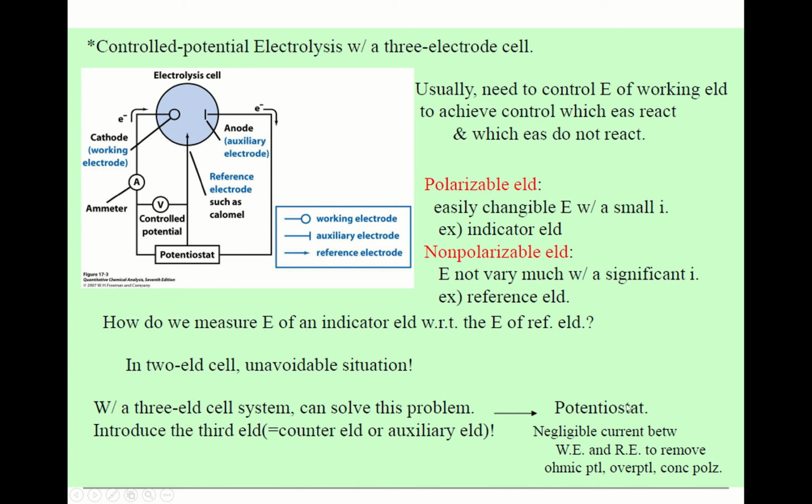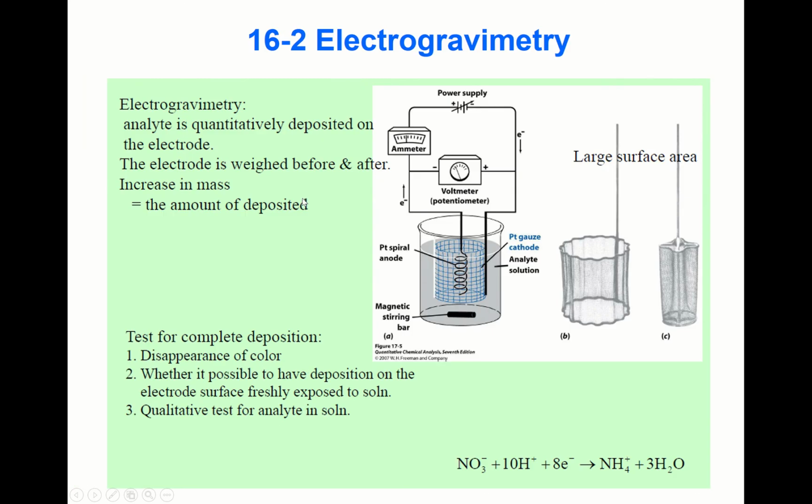With the potentiostat, there is no current between the working and reference electrodes. Current only flows between working and auxiliary, and voltage is determined. The working electrode's potential is determined with respect to the reference electrode. Okay, let's stop. Temporary stop here.